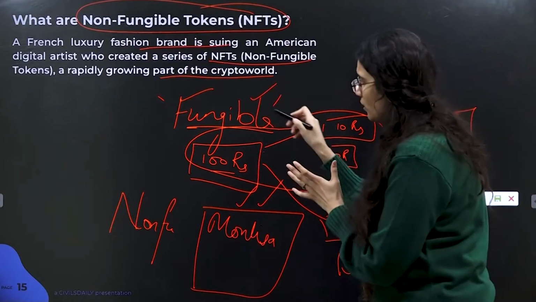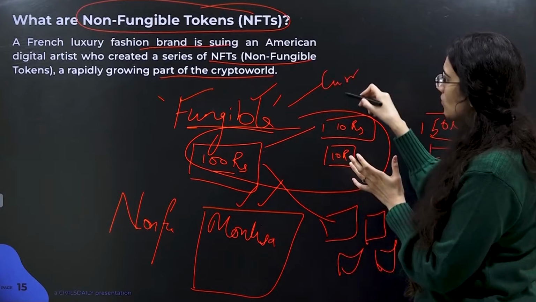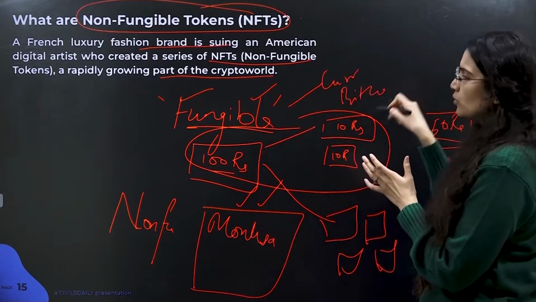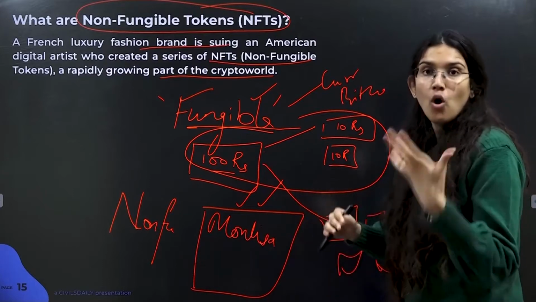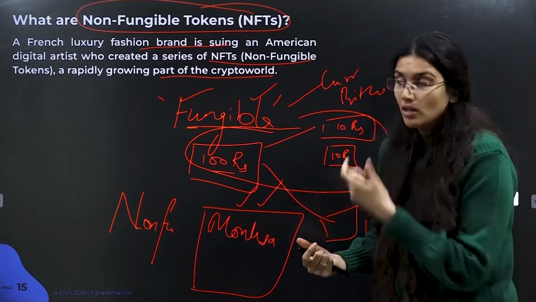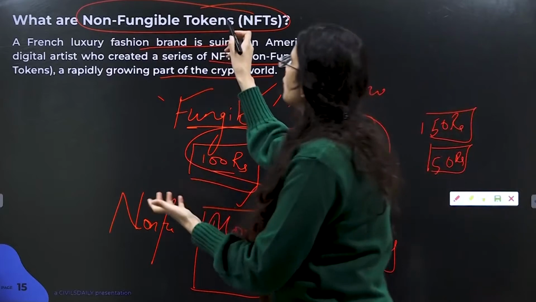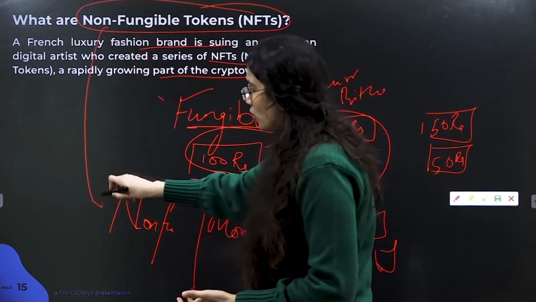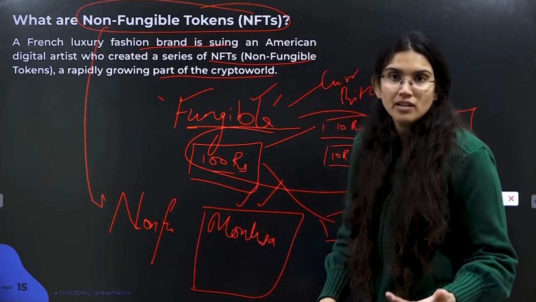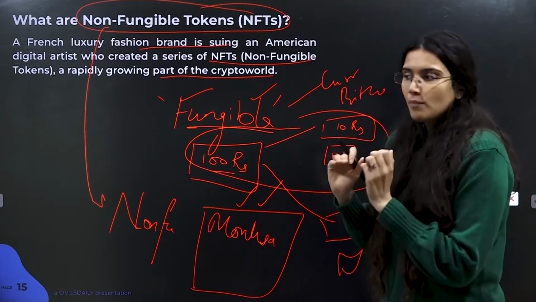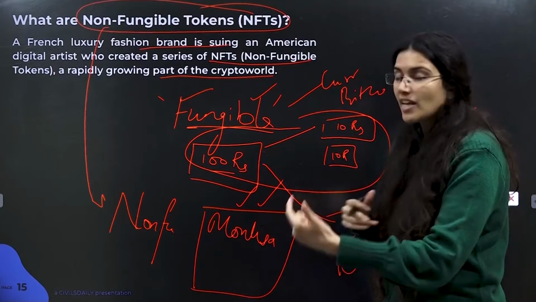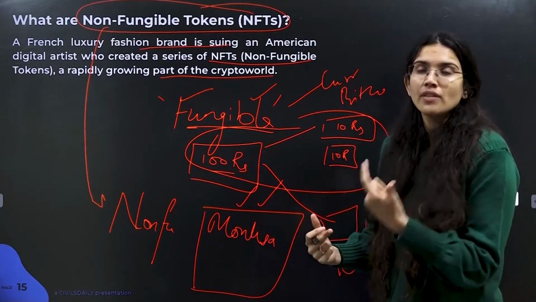So your currency is fungible. Bitcoins are fungible. But your artwork, your music, all those things are not fungible. And the idea of non-fungible tokens is to protect these over the internet, so that you can have an identified protection over them and they can be sold freely on the internet.